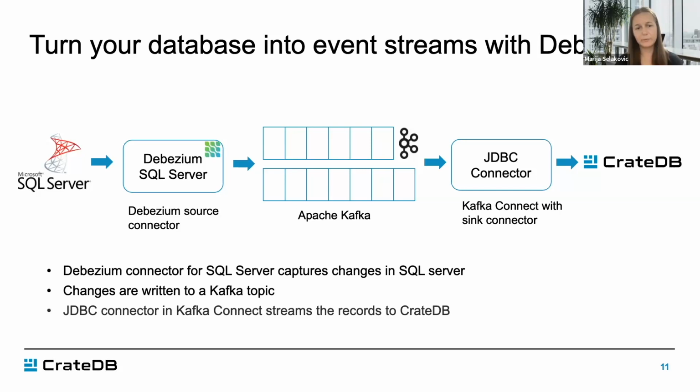We learned today from Danica what a Kafka topic is and how topics work in the Apache Kafka architecture. In the end, these changes are going to be replicated to CrateDB with the use of the JDBC connector in Kafka Connect streams. That was the initial idea of today's demo, and I would like to invite Ernan to show us how this works in practice.